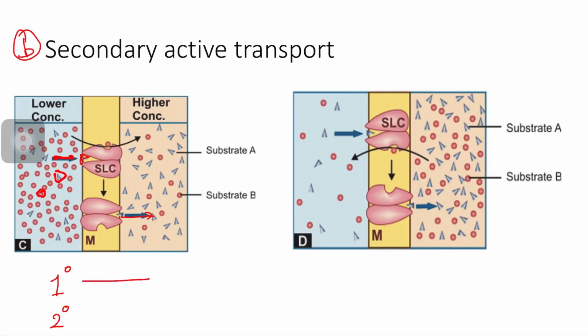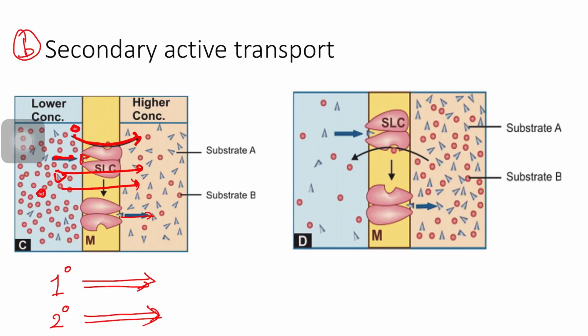The small red molecule, which has a higher concentration on its side, goes to its lower concentration. So in short, the movement is in the same direction as the primary molecule, and this is called symport.